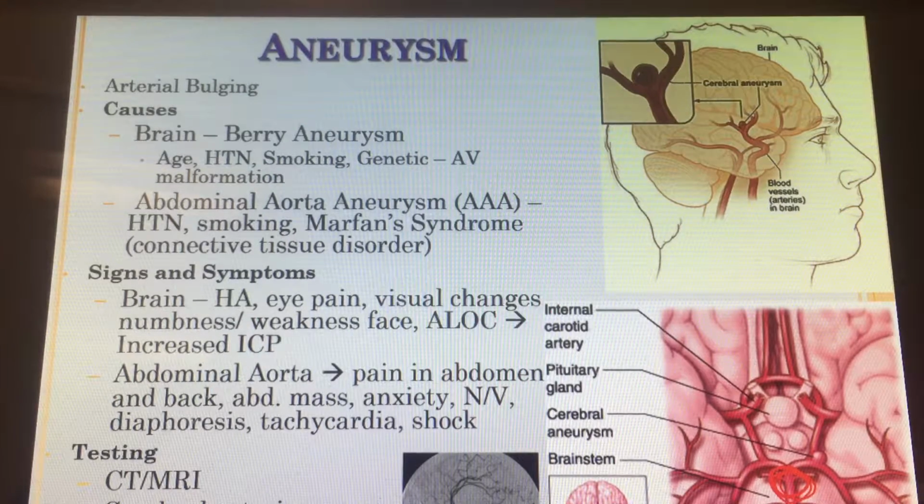It is possible. Yeah, it's possible for anybody to get anything, really. But it's a lot less likely that somebody young is going to get any kind of an aneurysm. Yes, there are some genetic things like Marfan's, for example, that might cause something like that to happen, but pretty unusual on the grand scale of things.